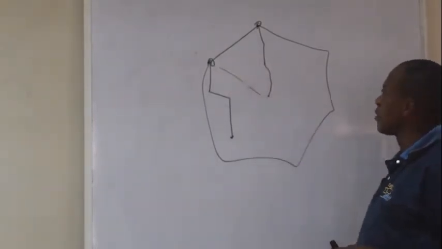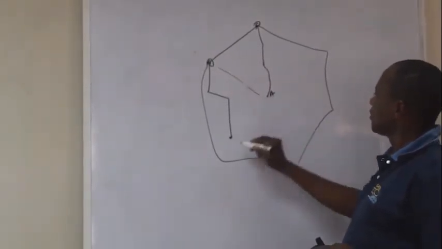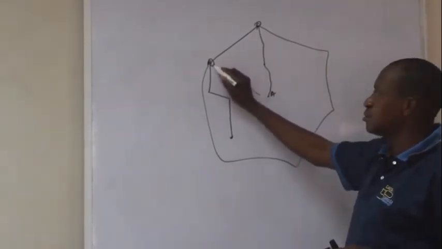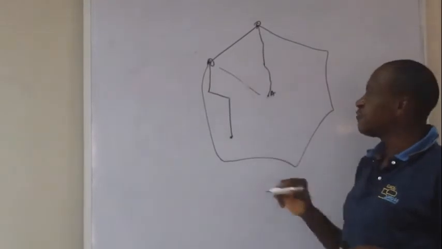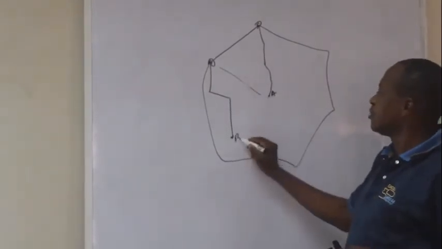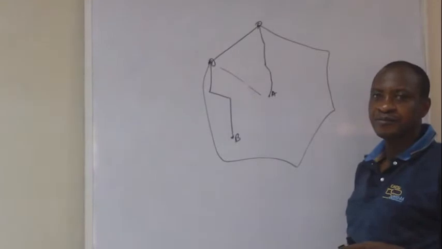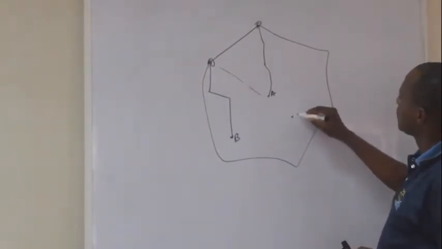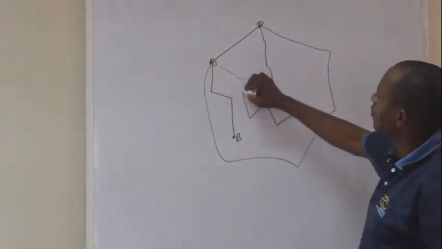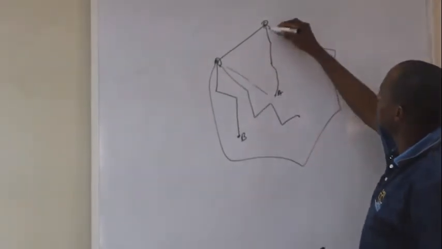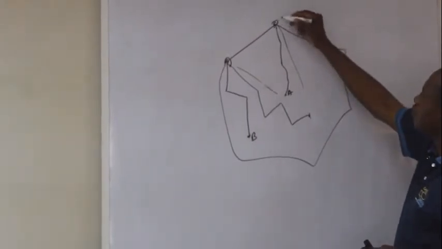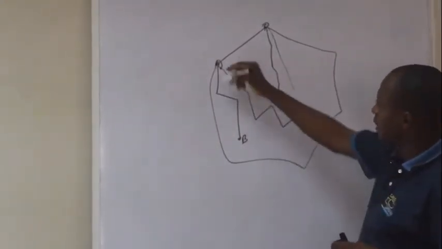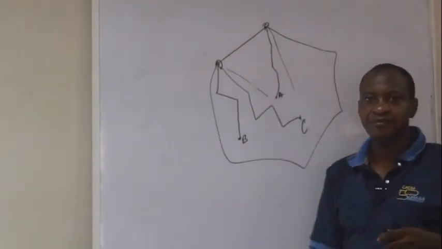The person A who works to coordinate this point will get different value from somebody who started from B. Somebody can start from here as well and go anyhow to coordinate this point and this point. The values gotten by C will be different from those by A and B.